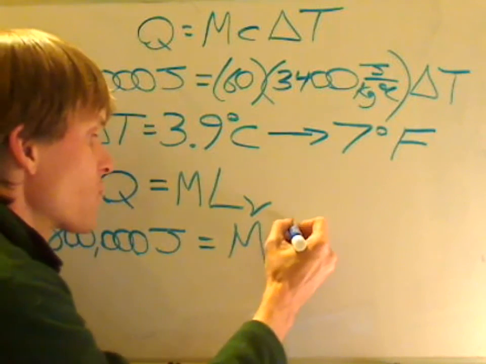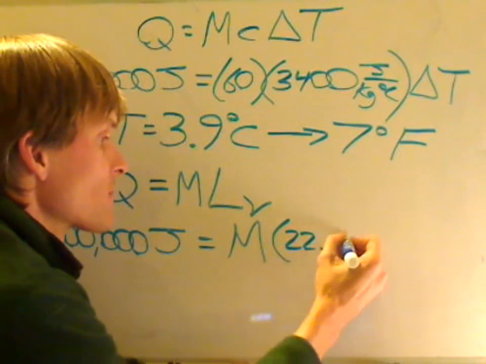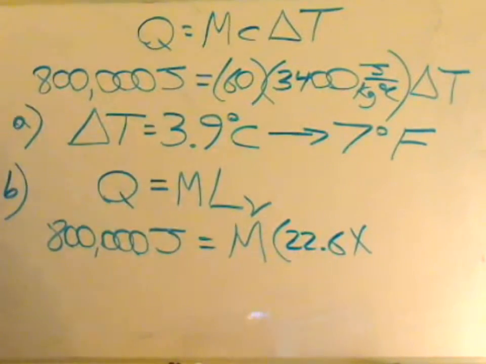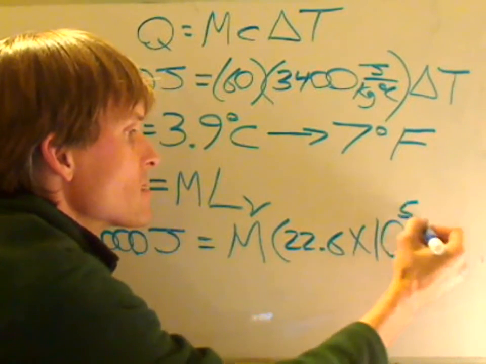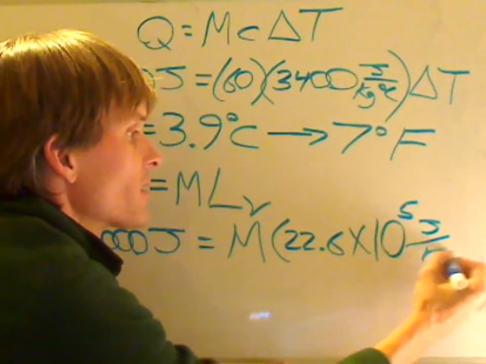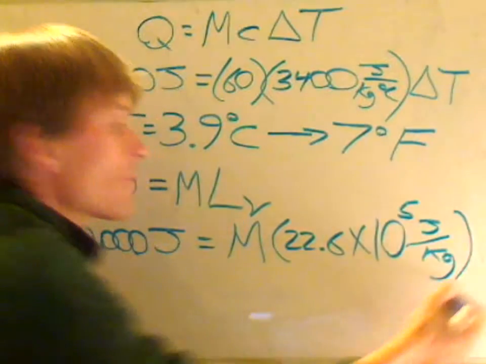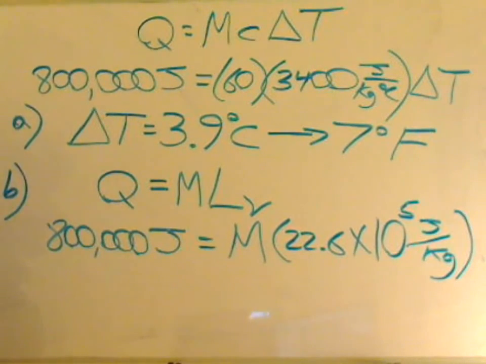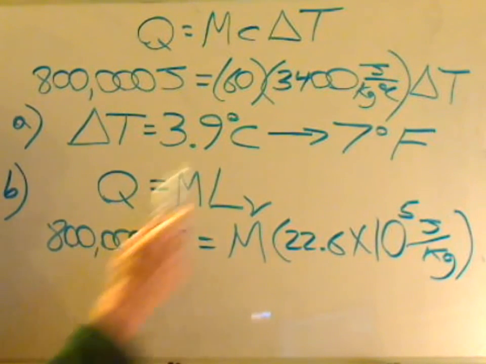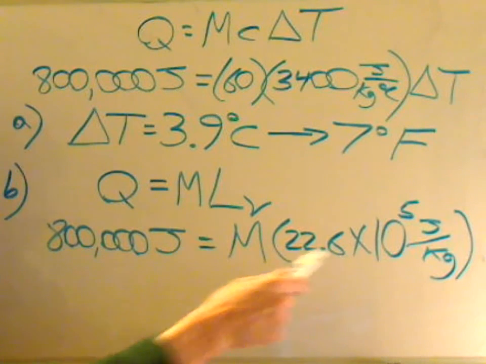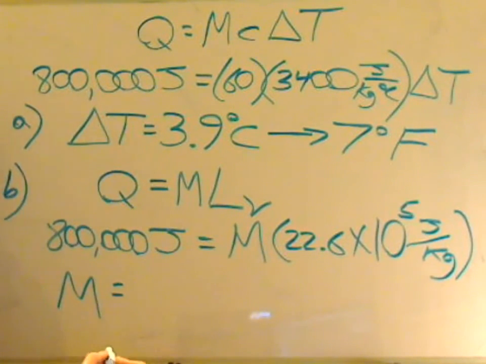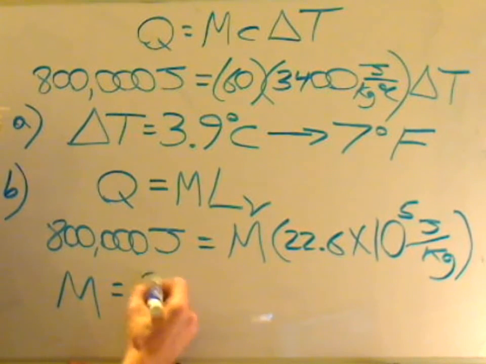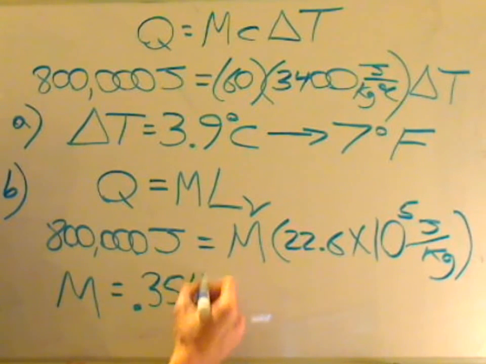That has a value of 22.6 times 10 to the 5 joules per kilogram. Okay? So 800,000 divided by this number gives you a mass of water that evaporates of 0.354 kilograms.